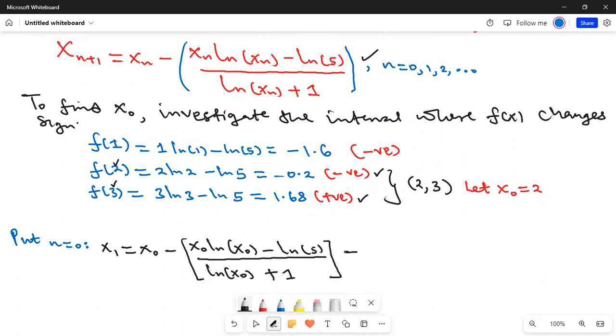That should be in brackets. Let us press this in our calculator. Remember x naught is 2, you need to get x1 equal to 2.1318. Proceed with the iterations.